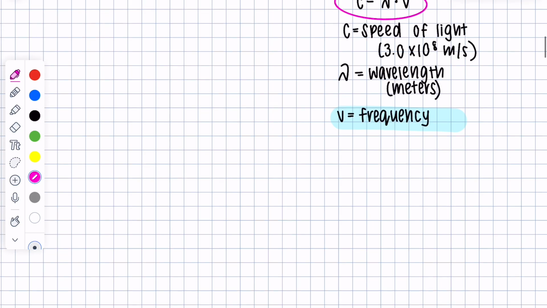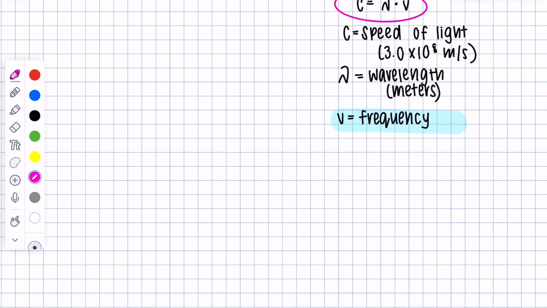Now that we've established all the variables, let's go on to the second formula. We have E is equal to h times v. So in this formula, we have our first variable E, which is going to represent the energy of a photon.